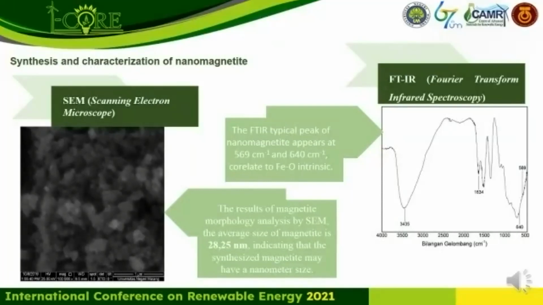Fourier transform infrared spectroscopy. The typical FTIR peaks of nanomagnetic appear at 569 and 640, correlating to Fe-O intrinsic.